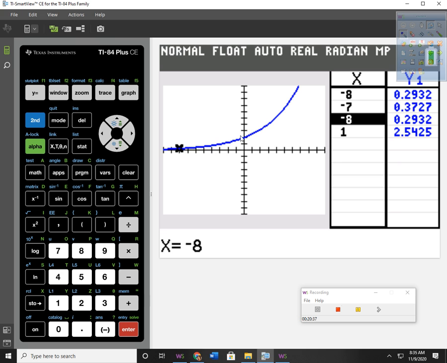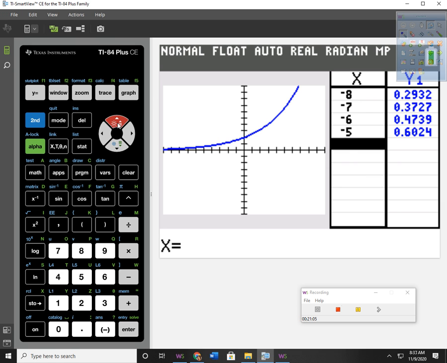And here's the thing. You don't have to pick every single number over here. So maybe if you wanted to do -8 and then maybe -5 and then maybe -2 and then 0, because you don't need to pick every single one. You just need enough points to where you can connect them and make a good graph.